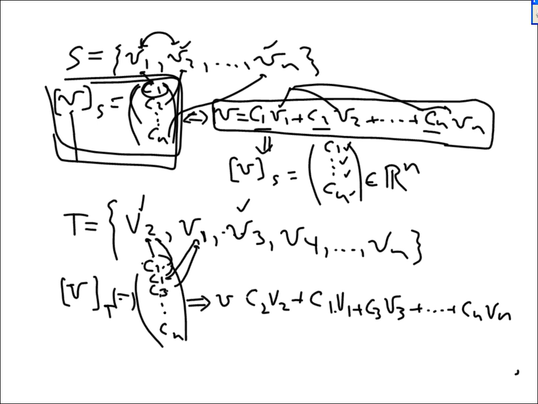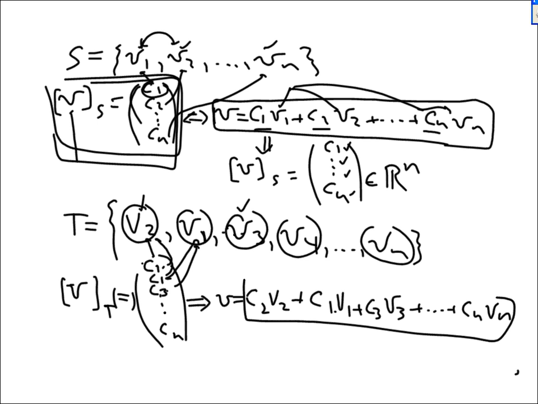Now we absolutely have equality. You have to use the scalars associated with the linear combination. And we know, regardless of the order we write this, that V is C1 times V1 plus C2 times V2 plus C3 times V3, etc., up to Cn times Vn.